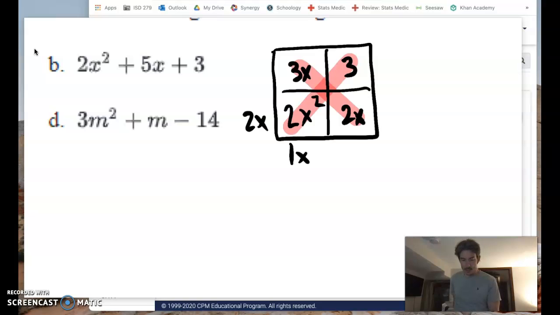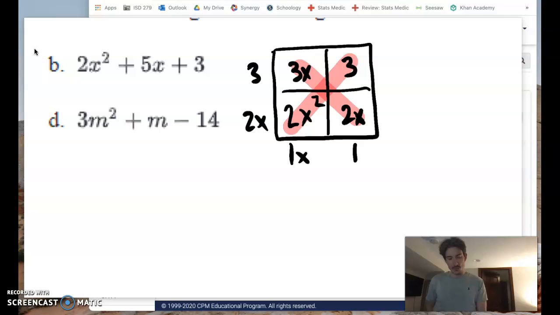Then 2x times 1 is 2x, 1x times 3 is the 3x, and finally 3 times 1 is 3. I guess I have to backtrack on something I said. It does matter. If I had flip-flopped the 3 and the 1, this factoring would not have worked out.